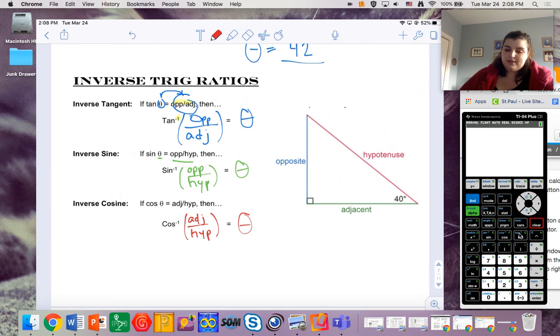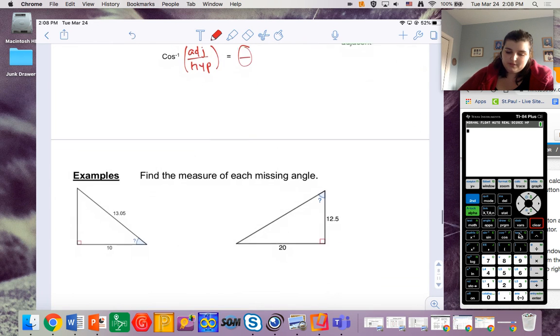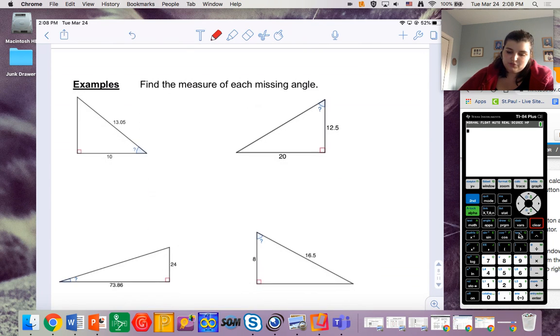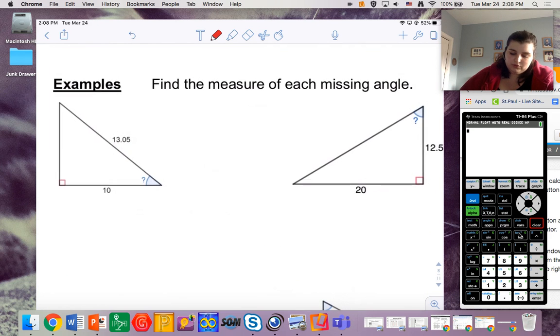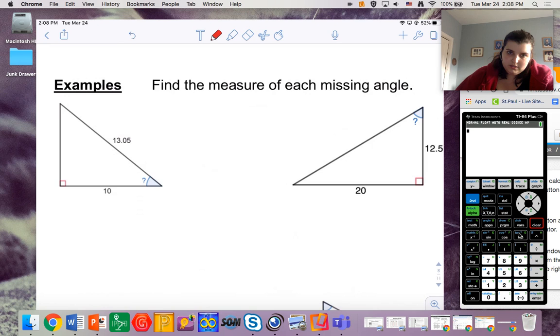So what that looks like is this. It says find the measure of each missing angle. First things first, I'm going to label that angle theta. It's got some other name, you can use that, but this question mark business I don't want to use. And from there, this is the hypotenuse, and this 10 is adjacent.